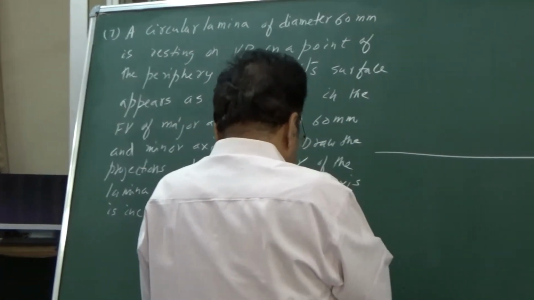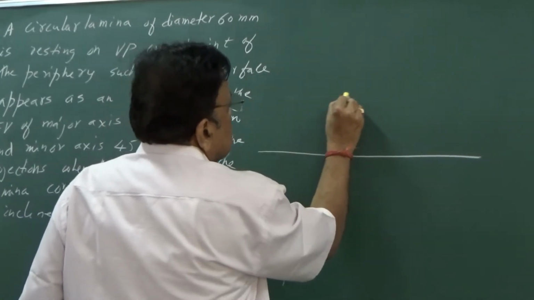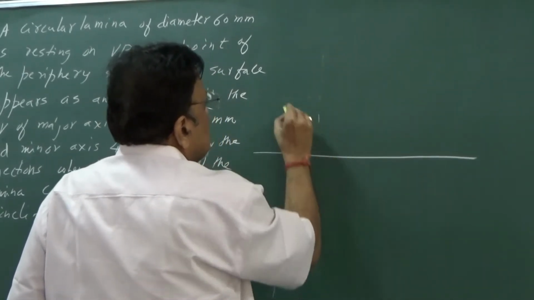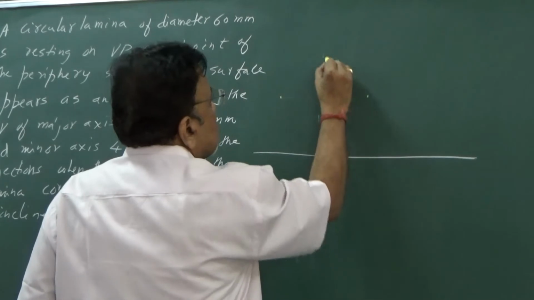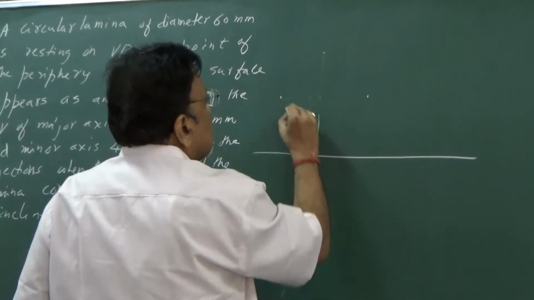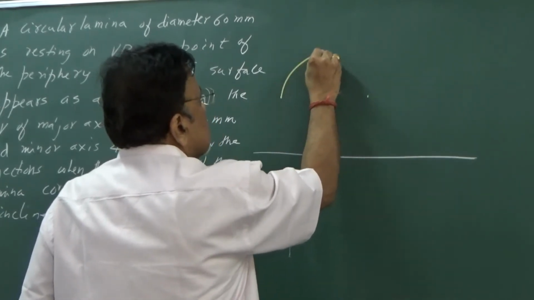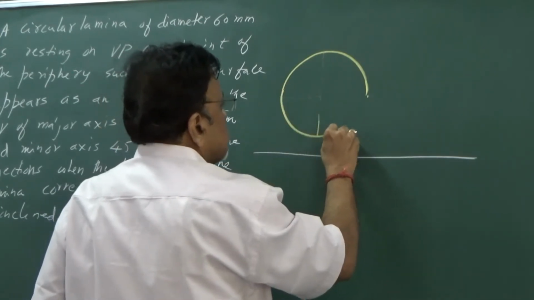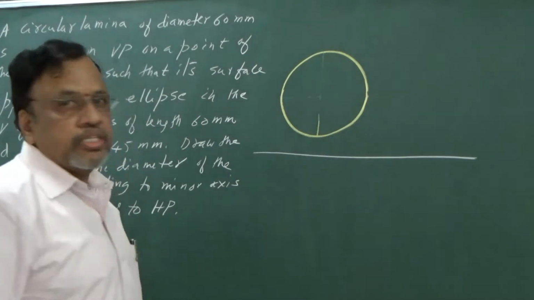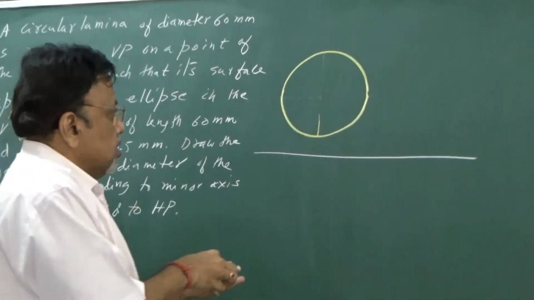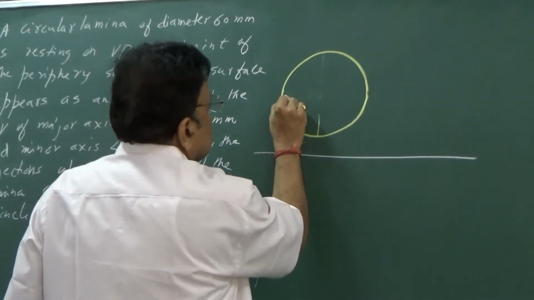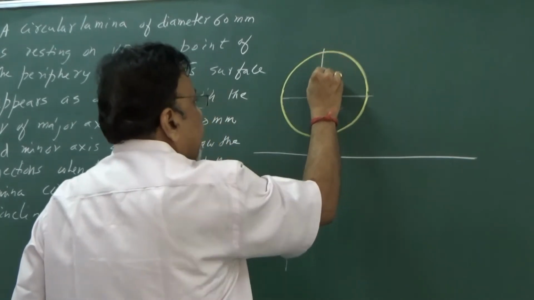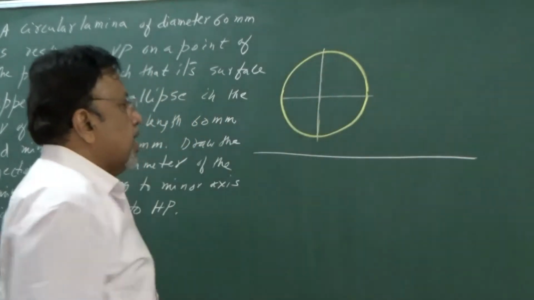So let me draw that. I have just drawn a circle. Let us say these are the diametrical lines.